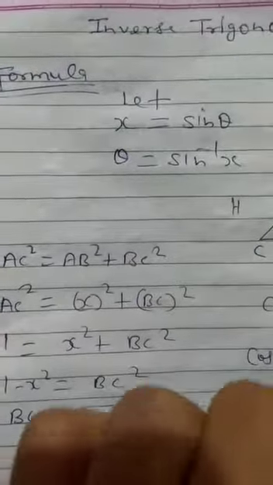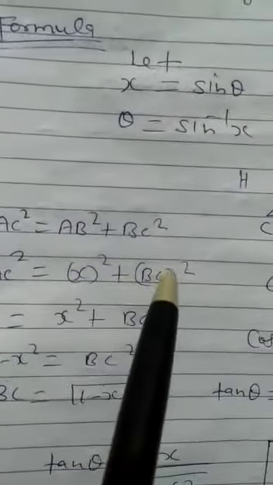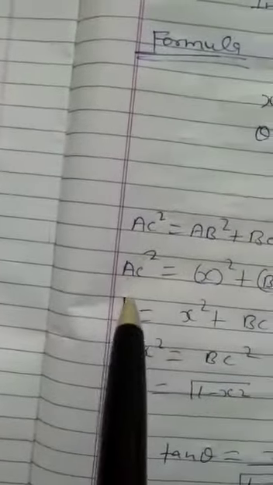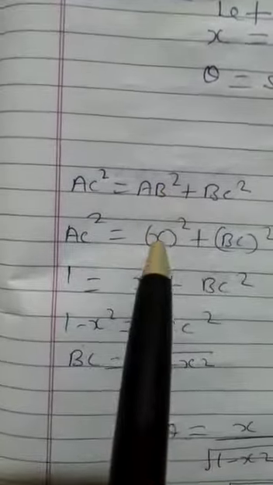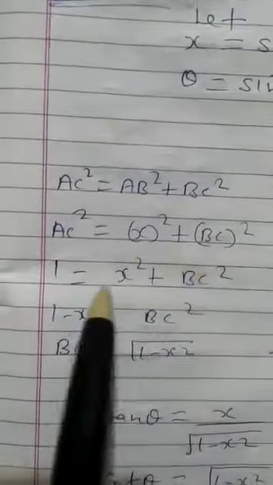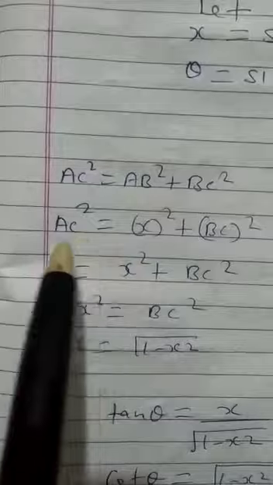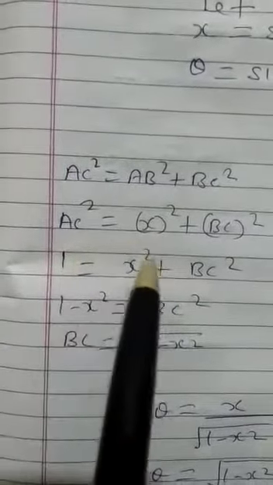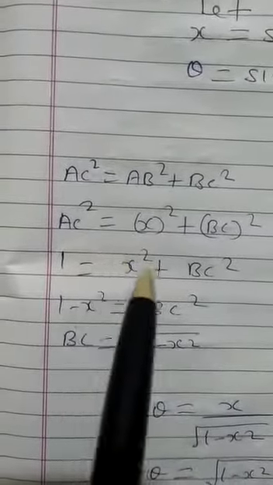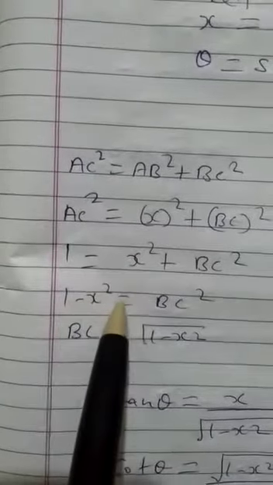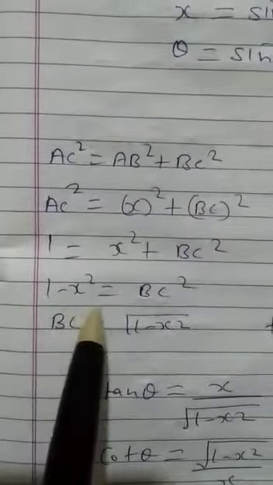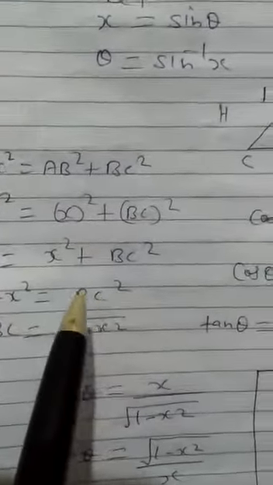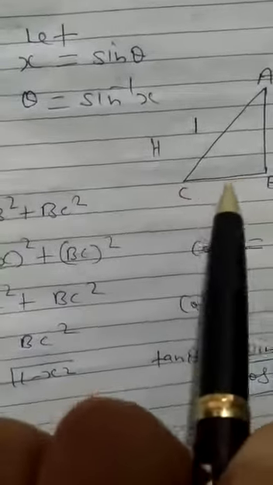Transferring to the left side, the positive becomes negative, so 1 minus x square is equal to BC square. Taking the square root on both sides, BC is equal to root 1 minus x square. Here the base is root 1 minus x square.